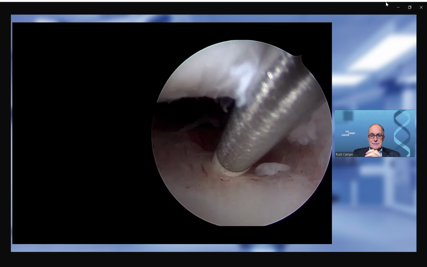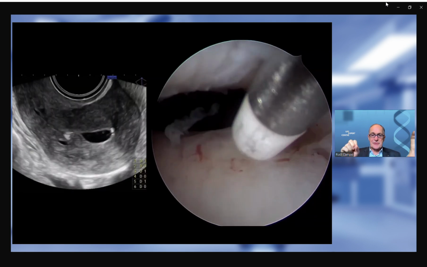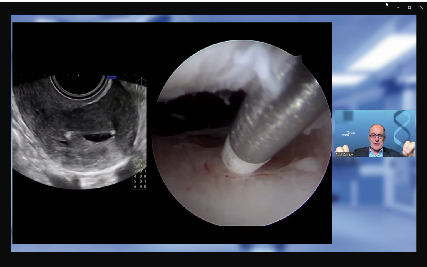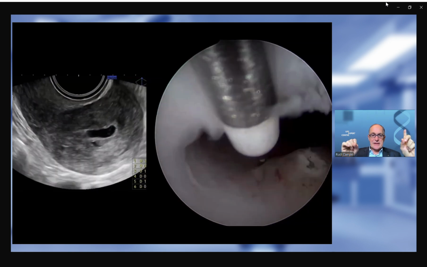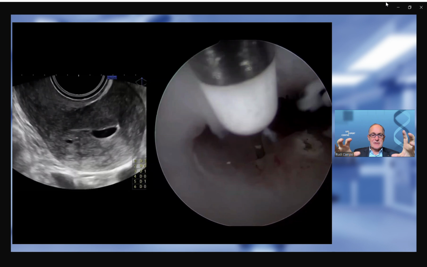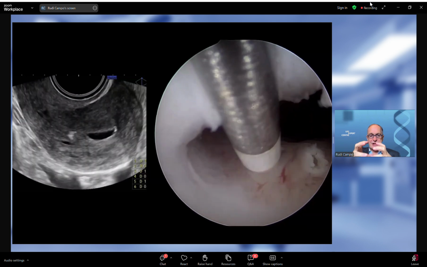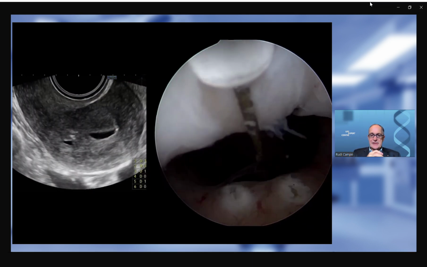Now we put it at this position with concomitant ultrasound, bipolar needle, we put the coagulation current, and we see in ultrasound that this is exactly the area where you have the cystic deformations and the change in tissue structure in ultrasound.